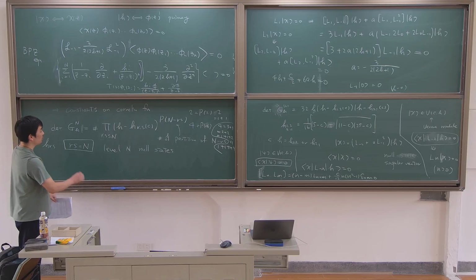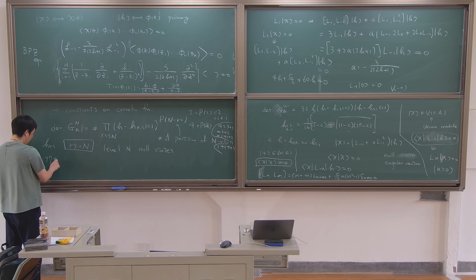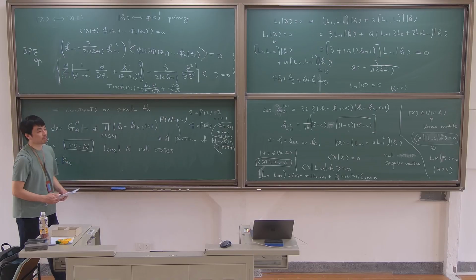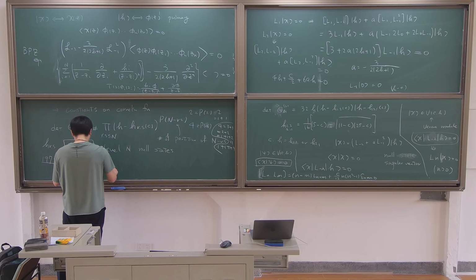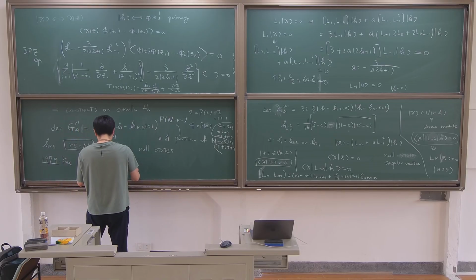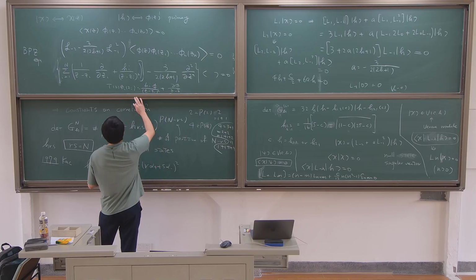This was done before BPZ, in 1979, by Kac. There are a few expressions one can write down. h_{r,s} is equal to h_0 plus 1/4 times something like this.